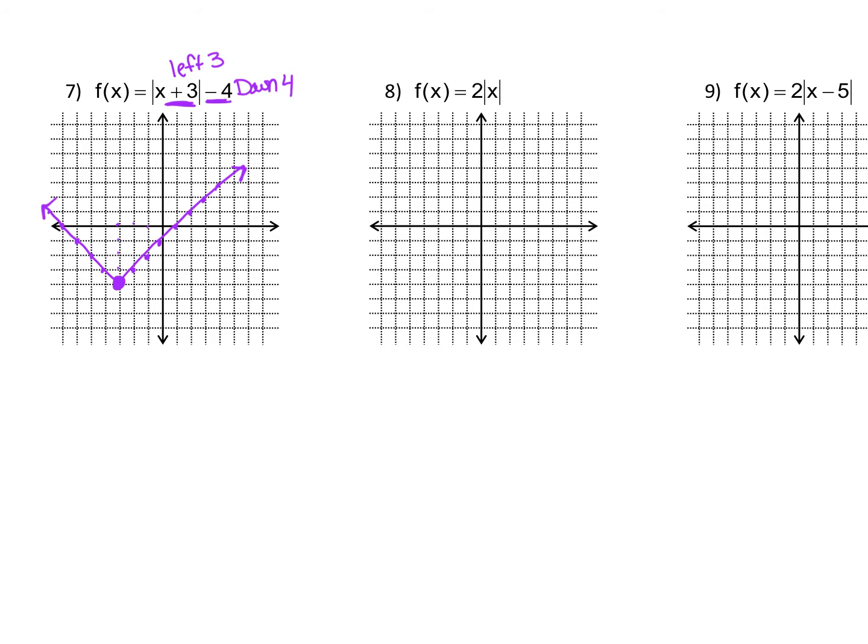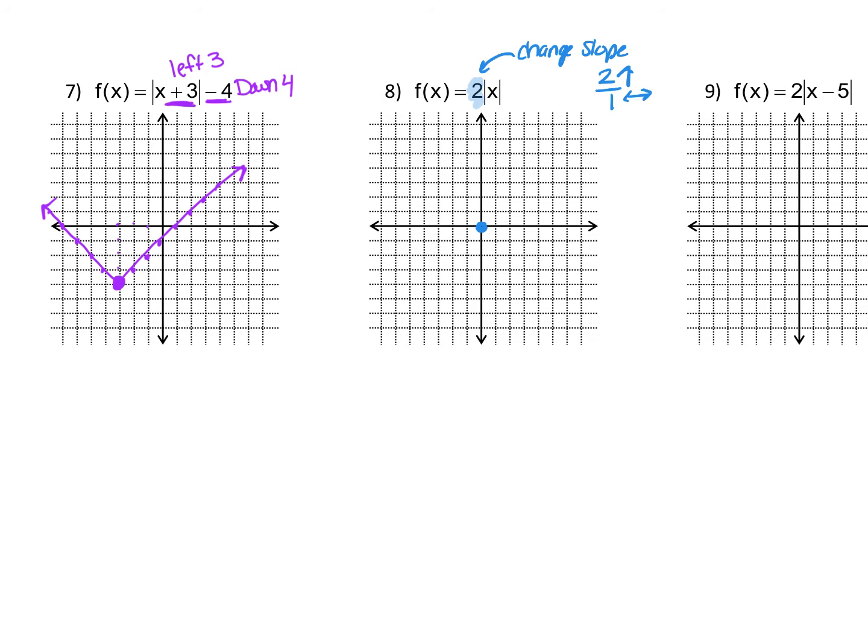All right, let's talk about what a number in front other than a negative does. Now I have a 2 in front. What this 2 in front does is it changes the slope to be up 2 out 1. I'm still going to start at 0, 0 in this case because I don't have any other shift.